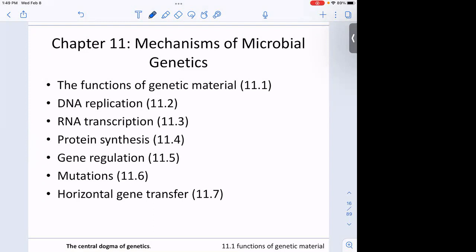We want an overview, and we talked about a couple of experiments last time. There's another really famous experiment that I want to walk through a little bit. And then we'll get into the nitty gritty of DNA copying itself.